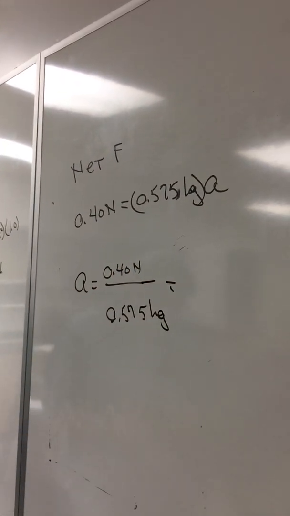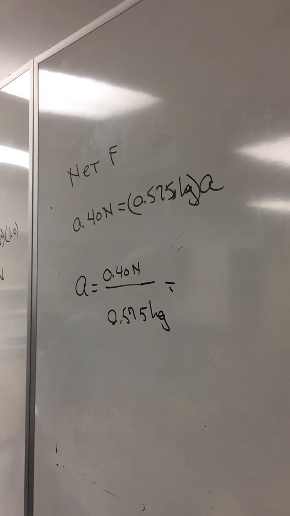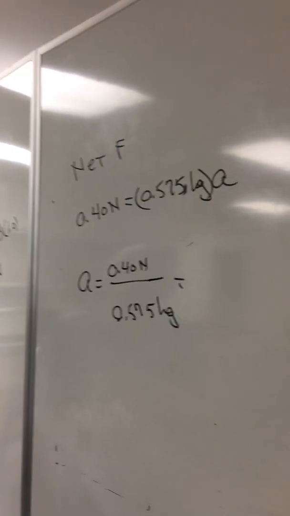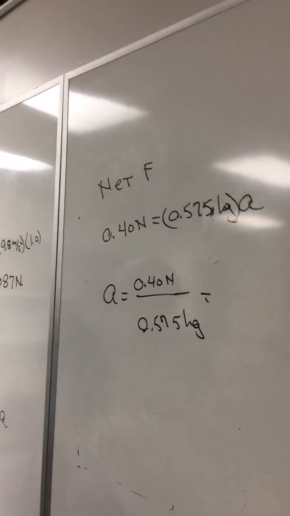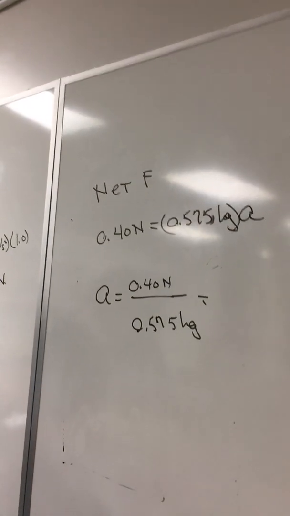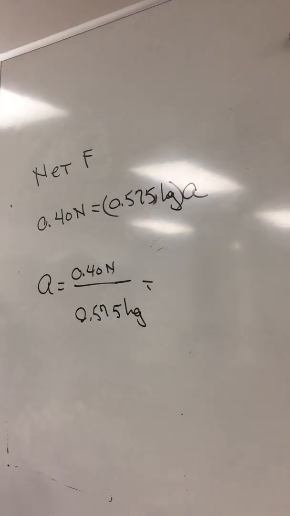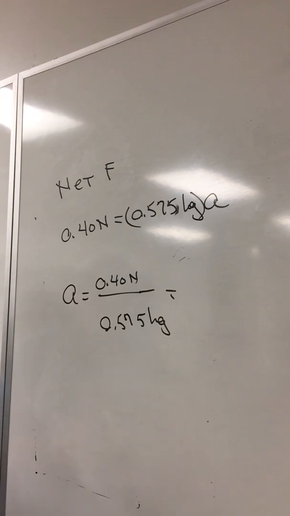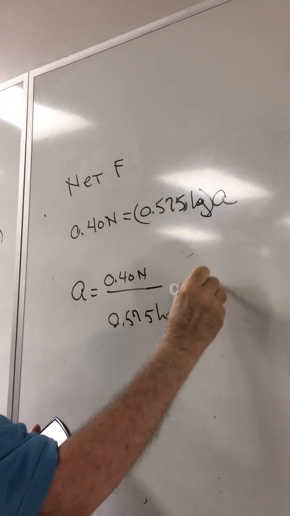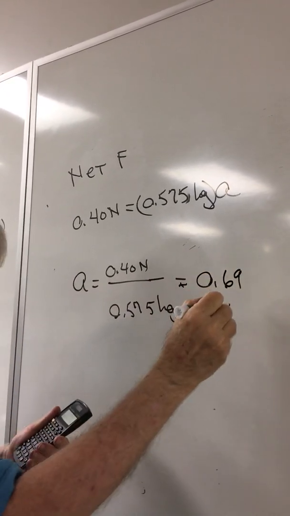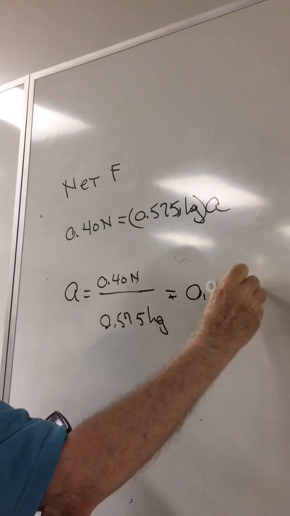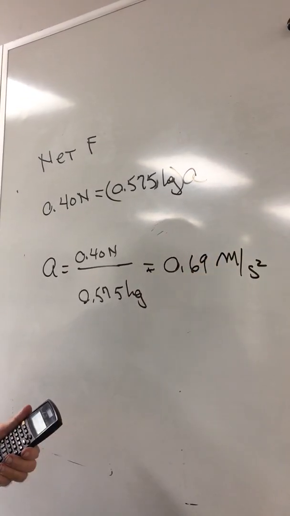Now get out my calculator. It says 0.40 divided by 0.575, and that comes out to be about 0.69 meters per second squared.